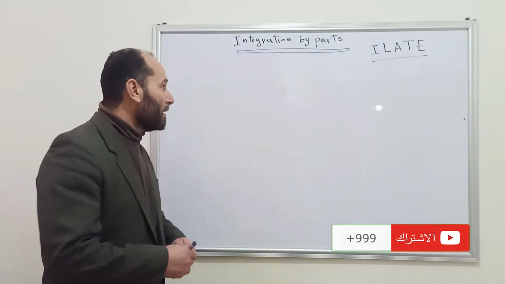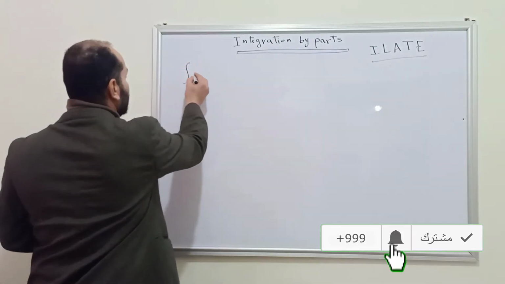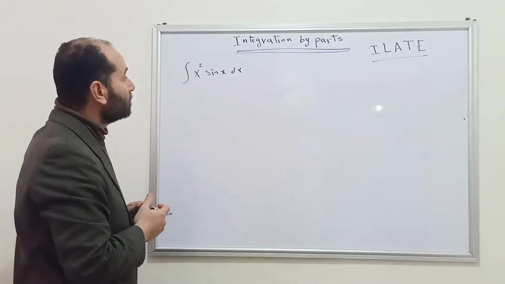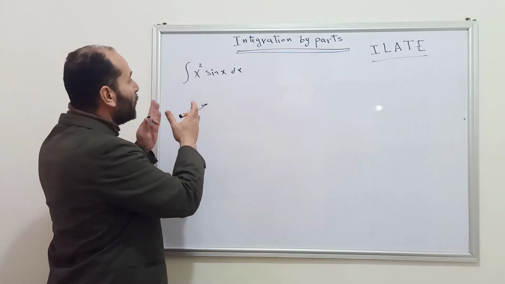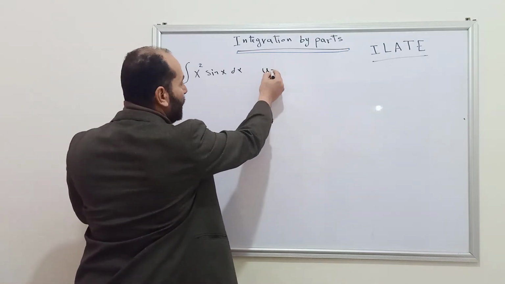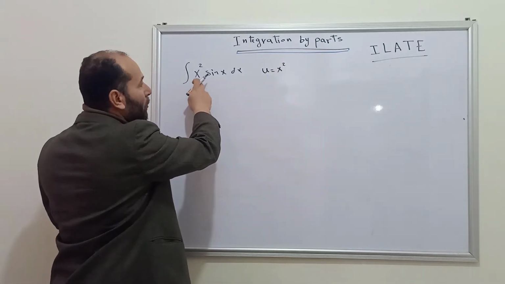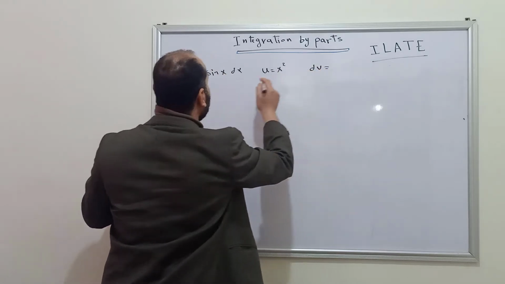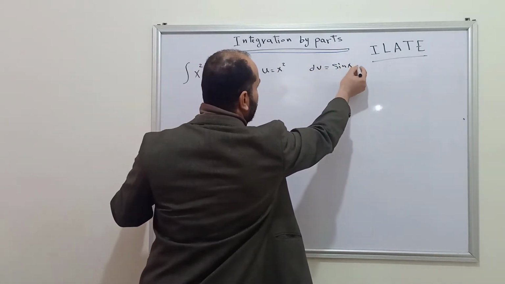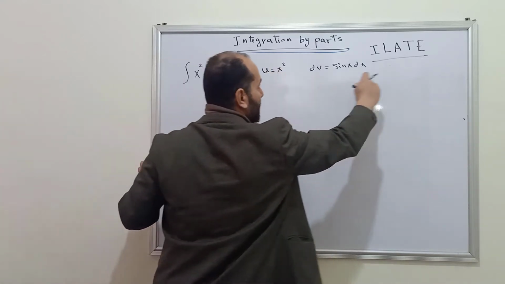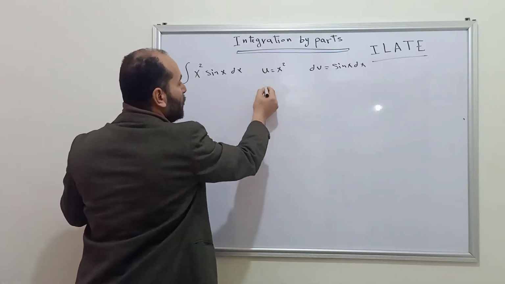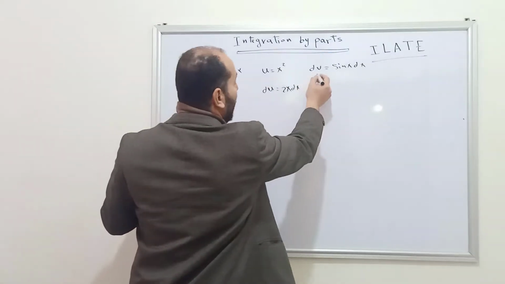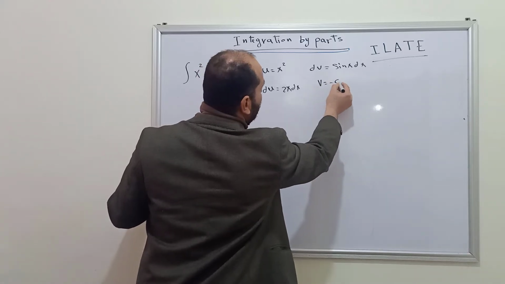Now we take another example. Find the integration of x squared sine x dx. In this case, we take u equals x squared because it is algebraic, and dv equals sine x dx, which is trigonometric. du equals 2x dx, and v equals negative cosine x.